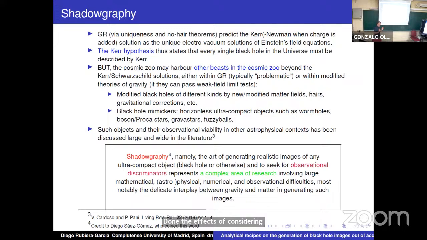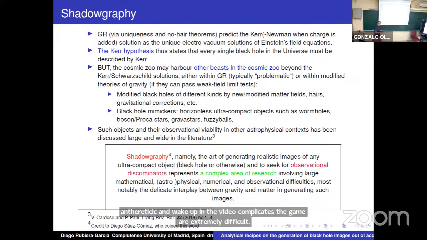From a theoretical point of view, astrophysicists are a different species. They care about different stuff than us. What is the problem? Why don't we go for rotation? Because rotation, from a theoretical and numerical point of view, complicates the game and is extremely difficult.